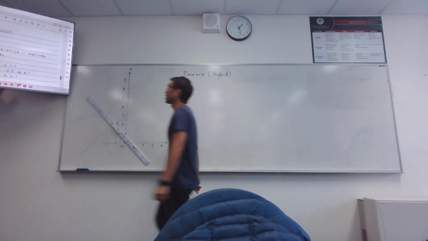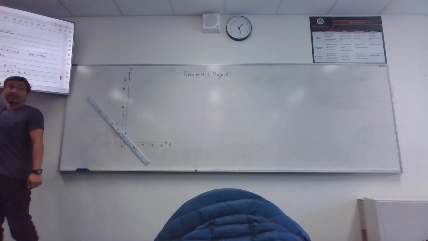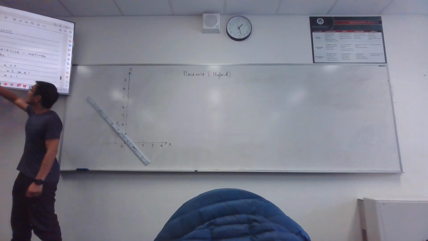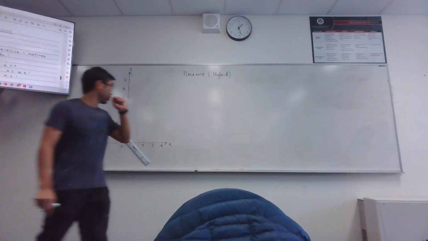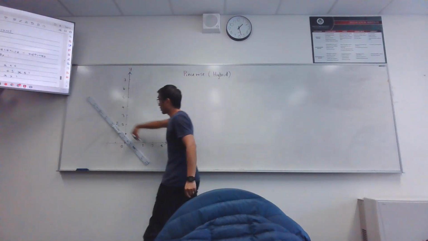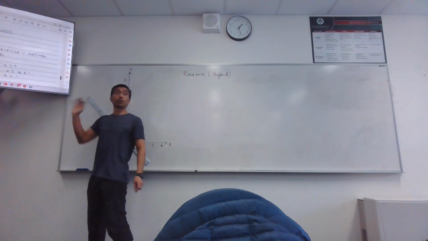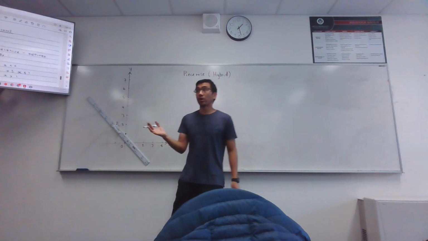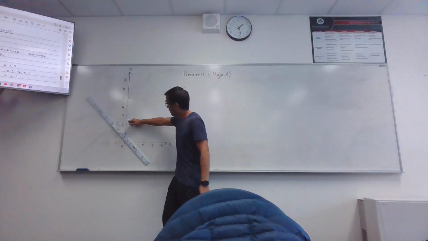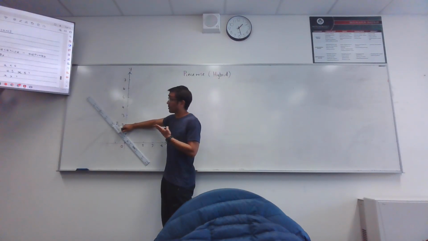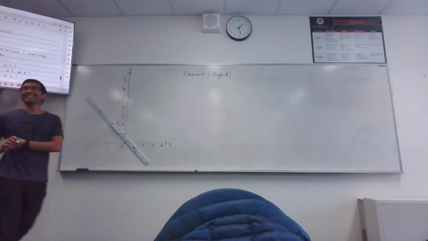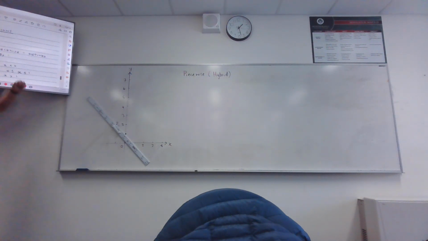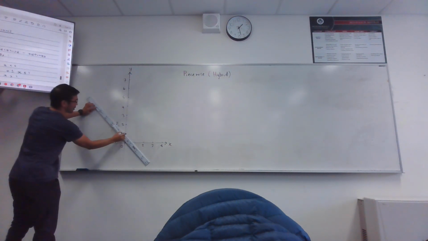But remember, each equation has a domain. Our first one only wants x is less than 0. So I'm not going to draw the whole line. Where do I want to start and which direction do I want to go? I know at x, we're going left. Less than 0, we're going to the negatives.